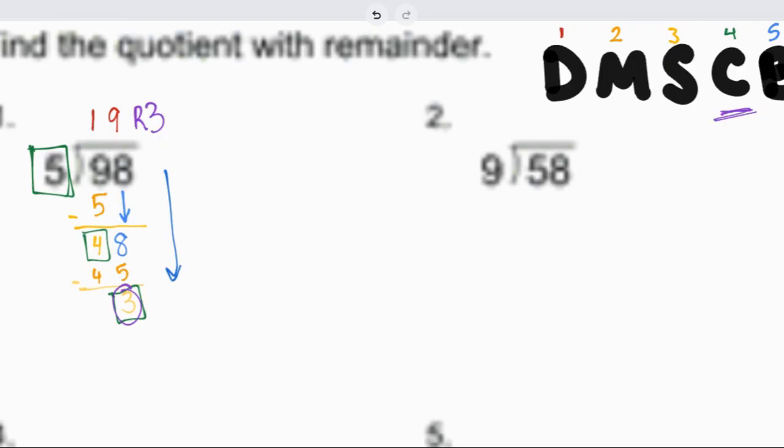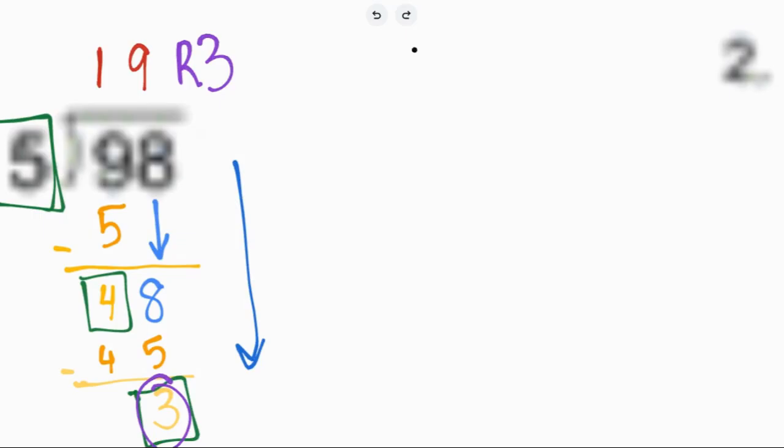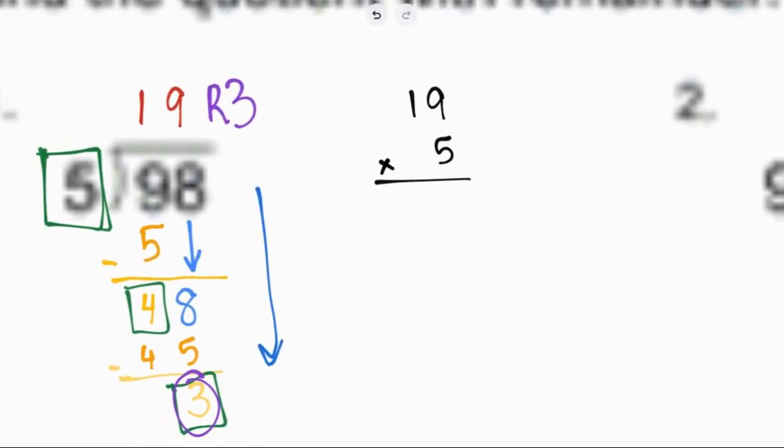But first, let's make sure that you remember the remainder always has to be smaller than the 5. So if it is, then you did a good job. Now we're just going to check to see what's going on. 19 times 5 is 95. 95 plus our remainder, and our remainder is 3.